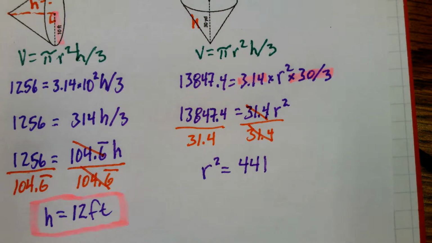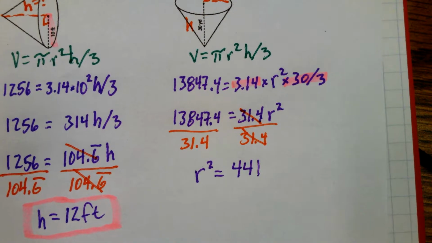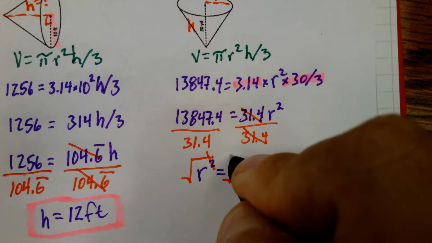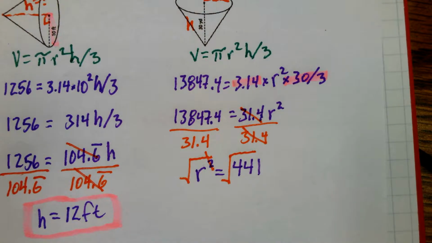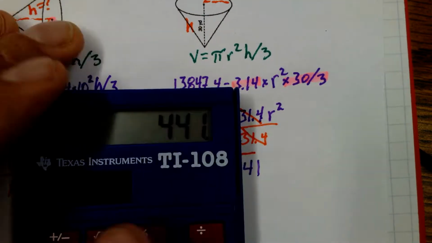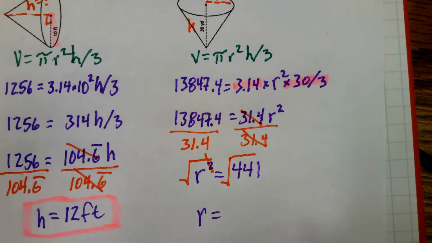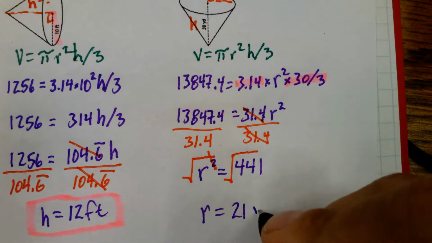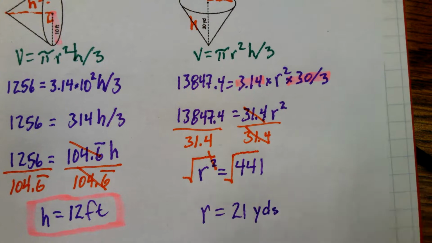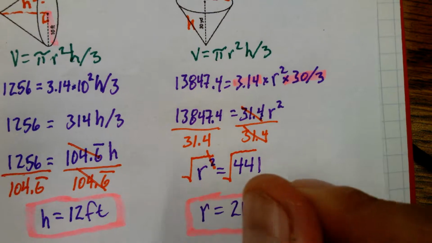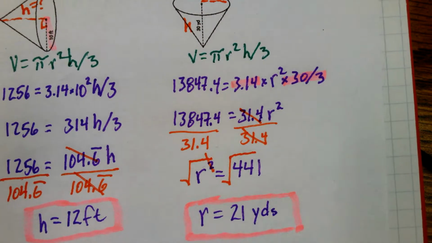So now I know r squared is 441, but I want r. What do I do to get r? Square root. We want to undo the squaring with a square root. And r is whatever the square root of 441 is, 21. So 21 yards. So the radius of this cone would be 21 yards. The diameter would be 42.